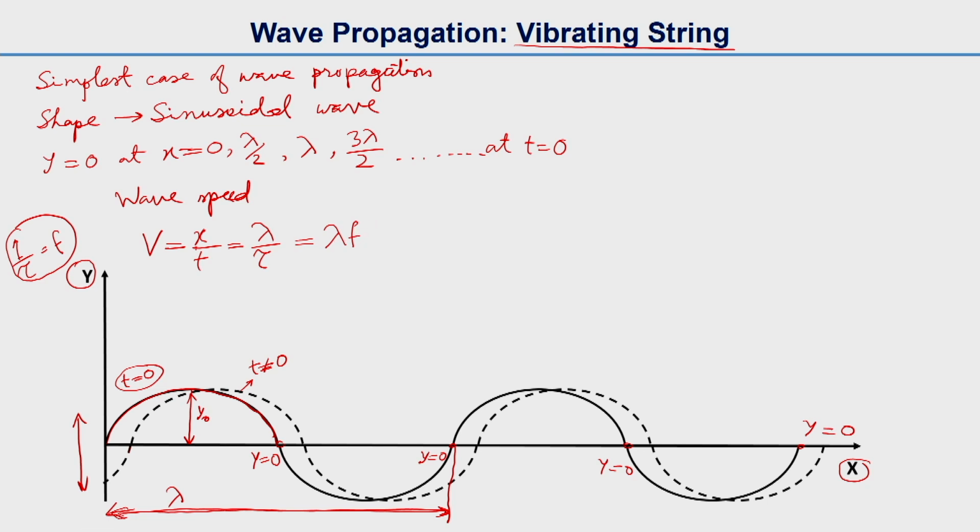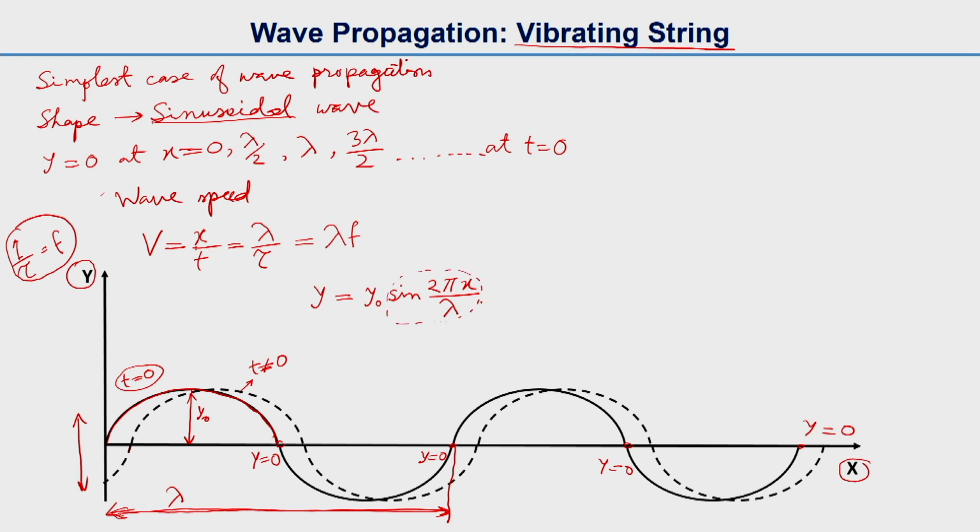So we can write V equal to lambda multiplied by small f, where f is the frequency. As we said this is a sinusoidal wave, it can be expressed as y equal to y naught, which is the amplitude, multiplied by sine of twice pi x divided by lambda. You can see from here, if x equal to 0, the entire expression will be 0.